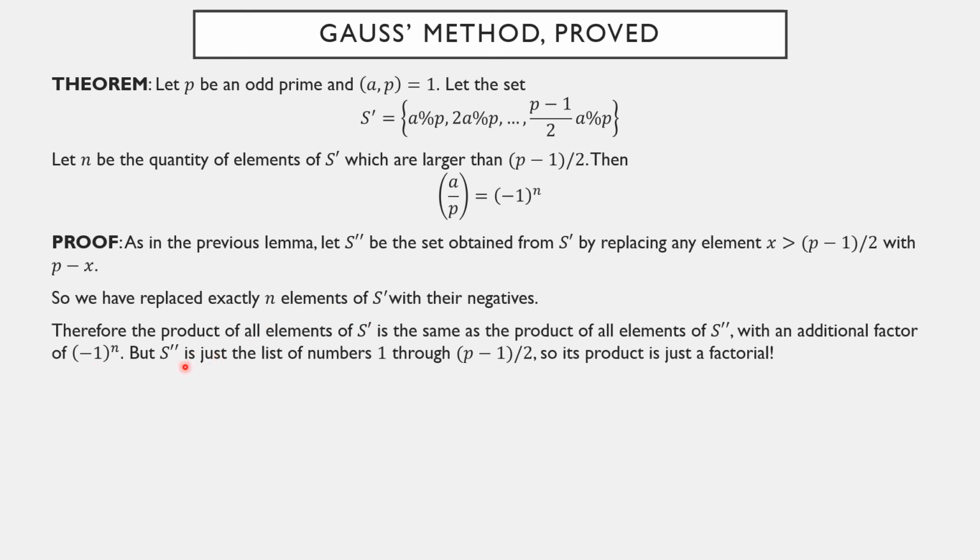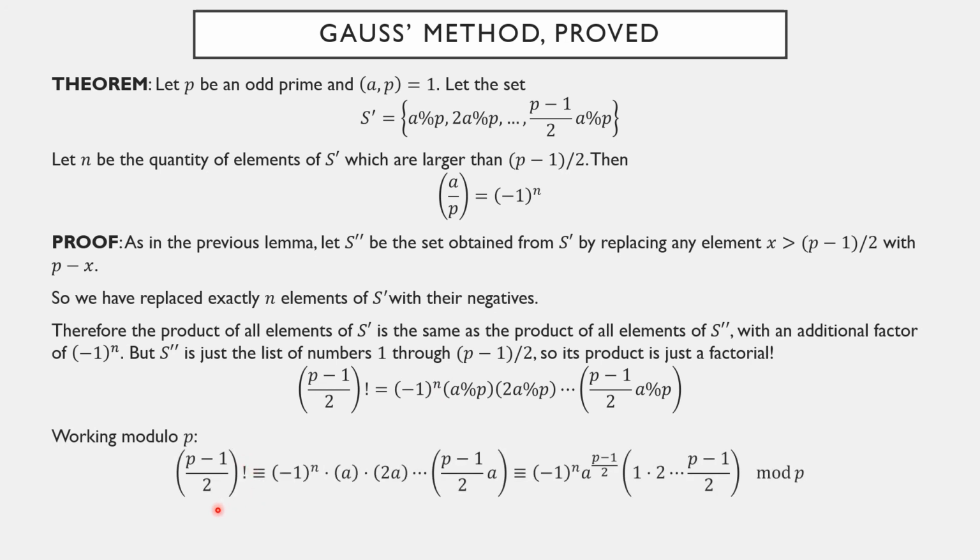But s double prime by the previous lemma is just the numbers 1 through (p-1)/2. So the product is just the factorial. In other words, s double prime is just this factorial when I multiply everything. Here is s prime when I multiply everything together. And the only difference between these two products is this missing factor of (-1)^n. How many terms needed to be replaced with their negatives? n of them.